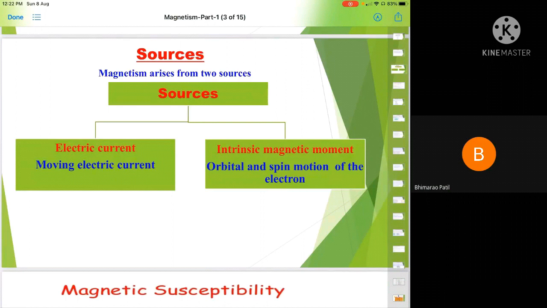But if you apply the magnetic field, then those atoms or molecules align with the applied magnetic field, and that shows a magnetic moment. Therefore, the intrinsic magnetic moment depends upon the number of unpaired electrons present in that material as well as the temperature.